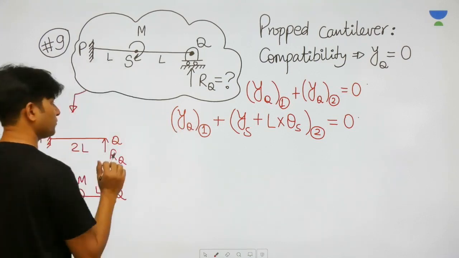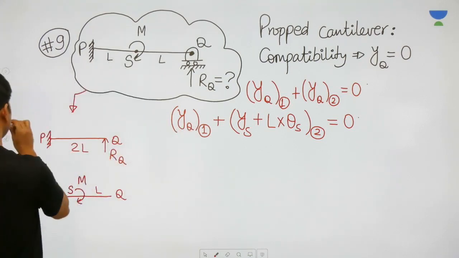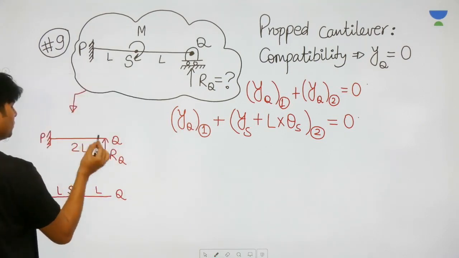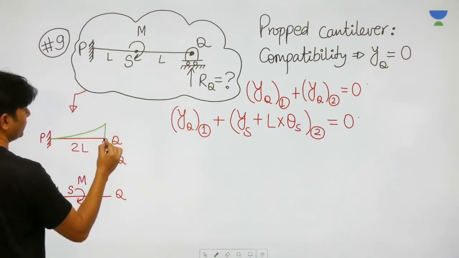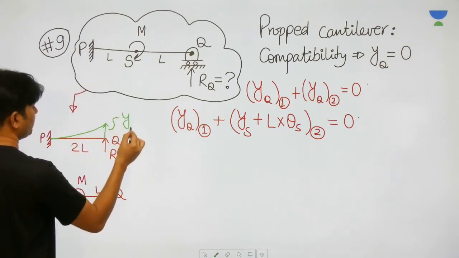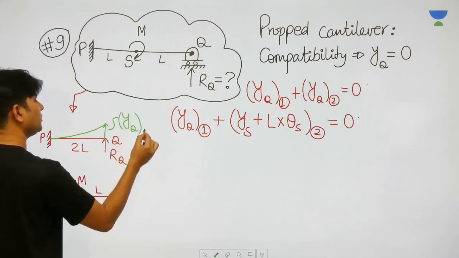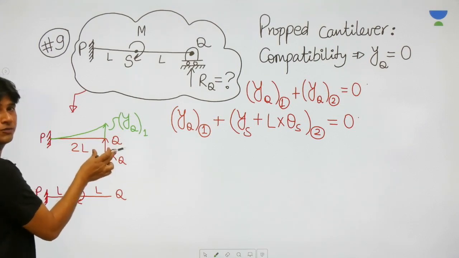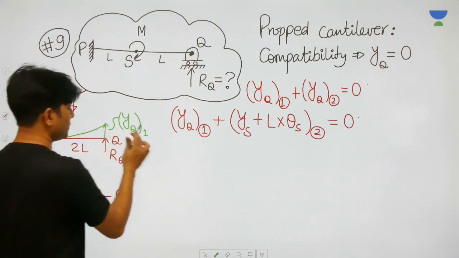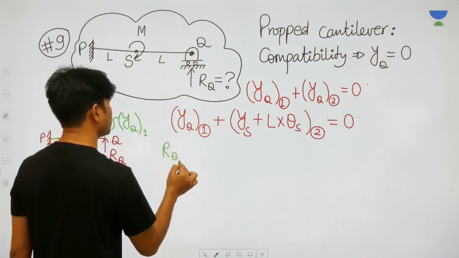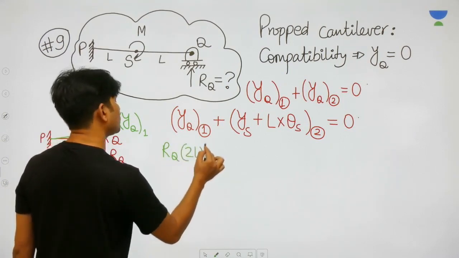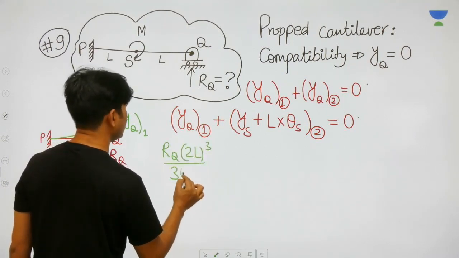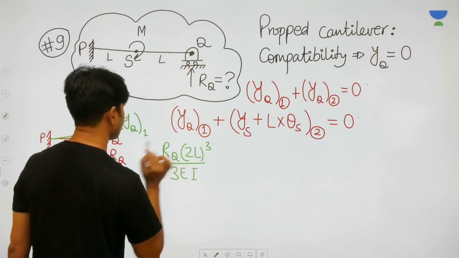Now, YQ for the first beam, as I said, was never a challenge. So YQ for the first beam is positive, and you can write it simply as WL cube divided by 3EI, and this is positive.